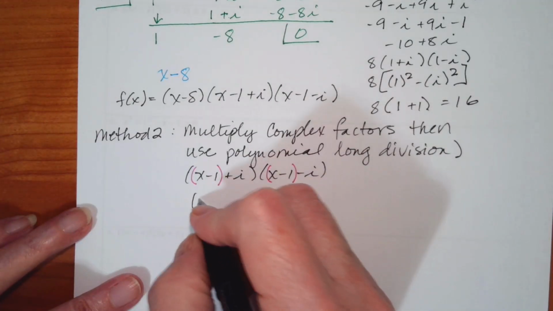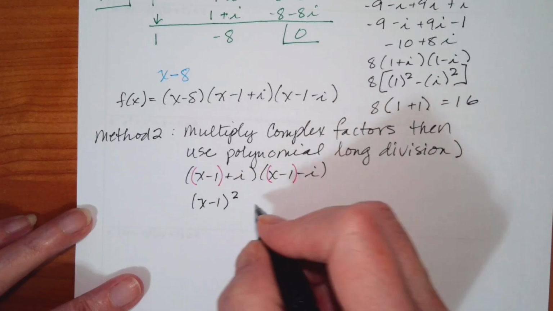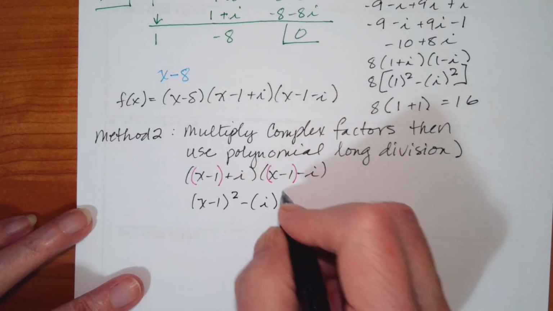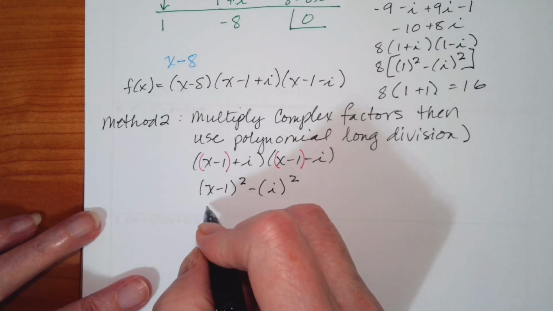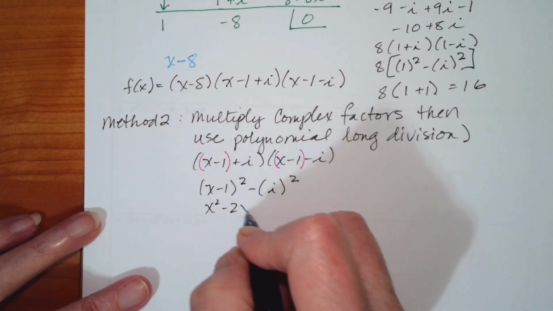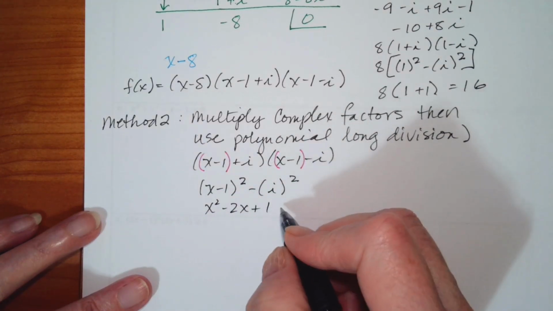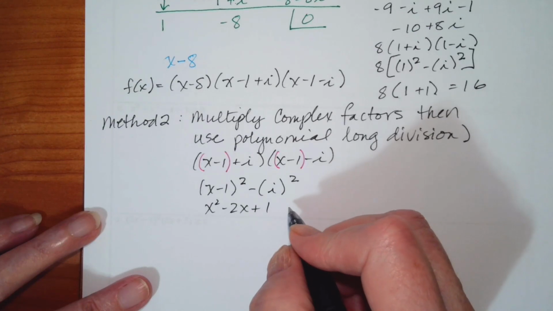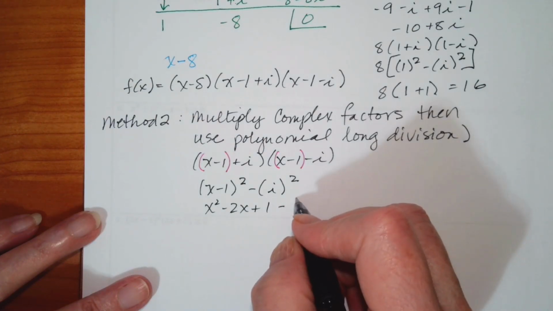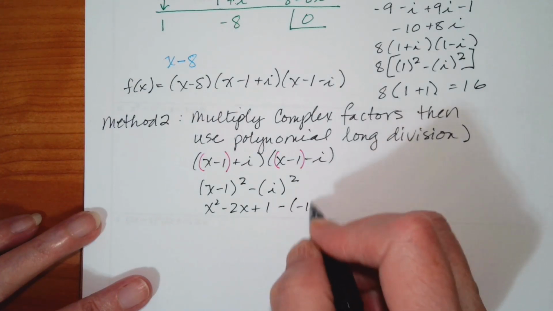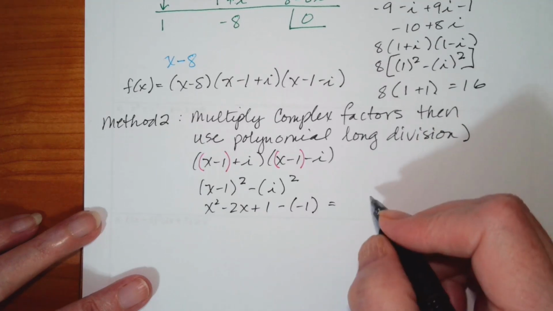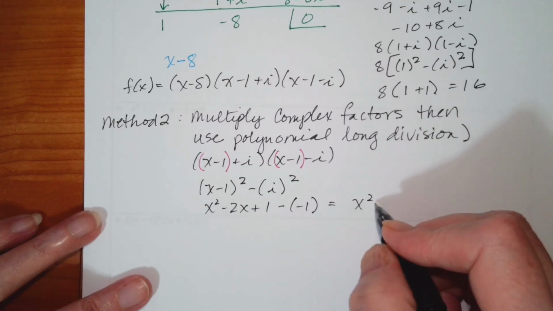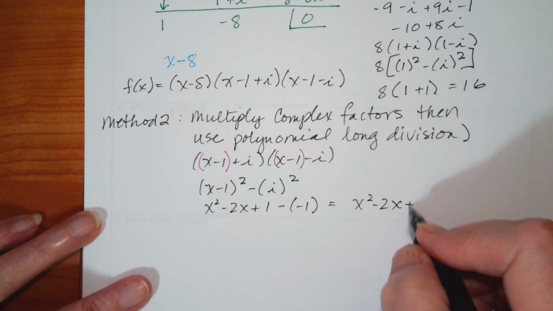So this becomes (x minus 1) squared minus i squared. So that's x squared minus 2x plus 1 minus negative 1, which is x squared minus 2x plus 2.